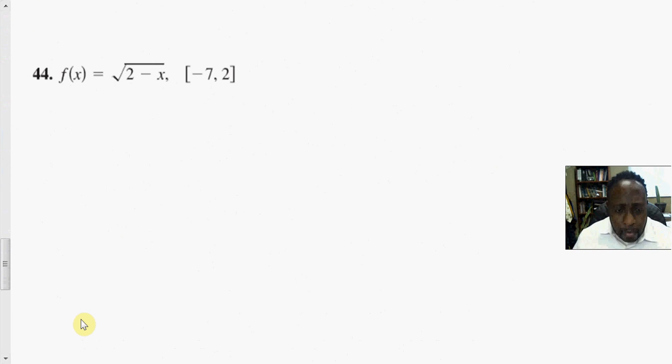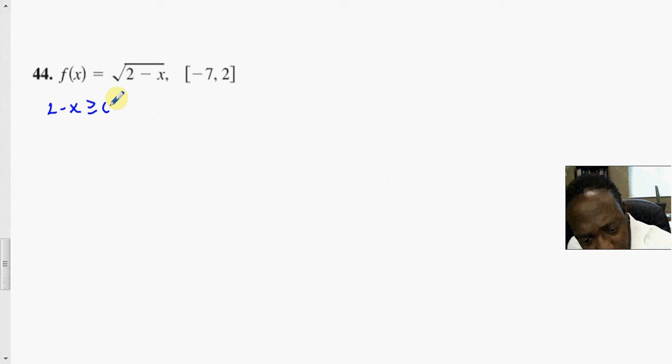So, on to the next problem. Here, f of x equals the square root of 2 minus x. Let's check the continuity. Notice that 2 minus x is greater than or equal to 0 for continuity. This implies that x is less than or equal to 2.